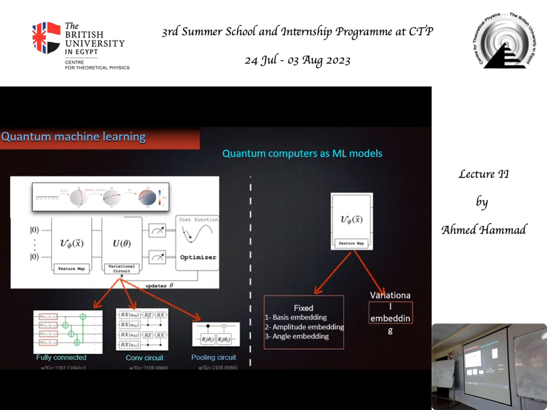We have the label, for example. If it belongs to the first class, then I can label this by 1. If it belongs to the second class, then I can label this by -1. When I do the predictions, I can find the error function, like the predicted value minus the true value, and then I update again and again until the error is minimized.